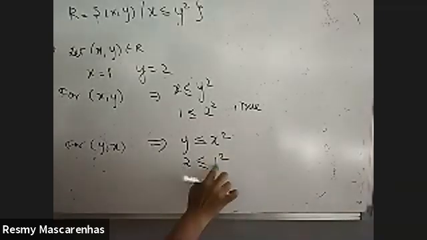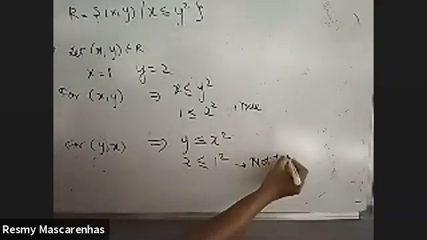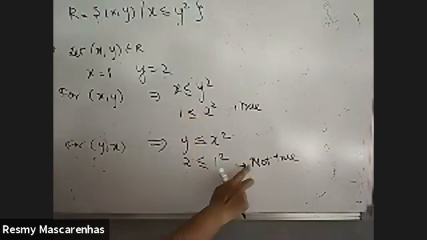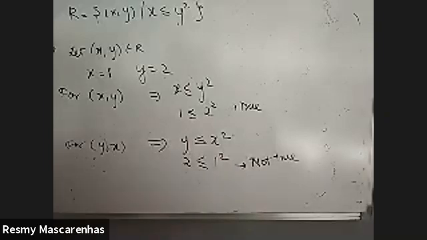So is 2 less than 1? No, not true. Okay. So I've shown that if you reverse, it is not holding true. 1 is less than 2 square, but 2 is not less than 1 square. So it is not symmetric. It is not working for the reverse order.